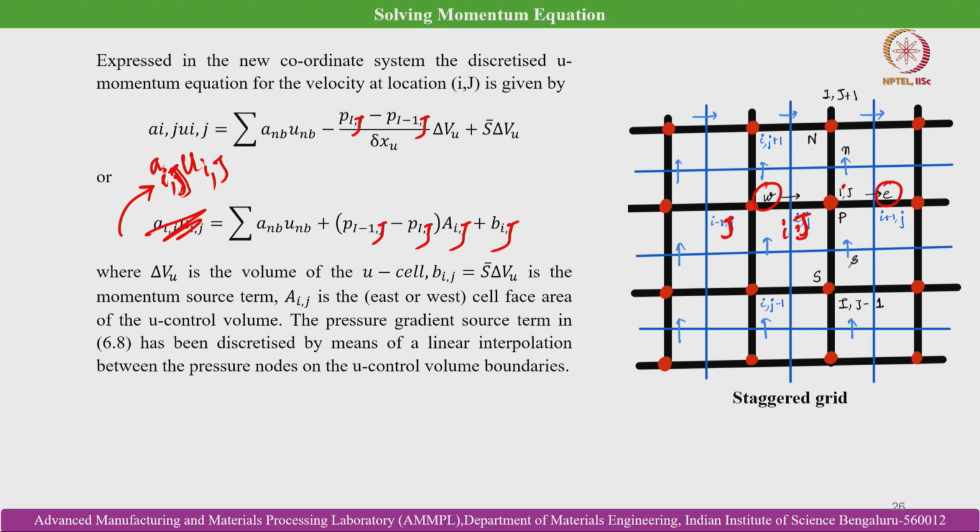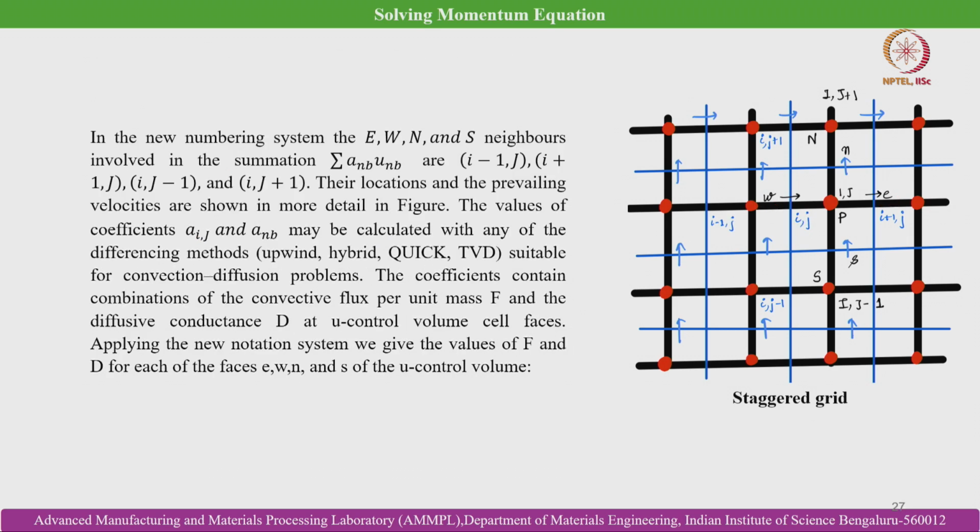So the pressure gradient source term has been discretized by means of a linear interpolation between the pressure nodes on the u control volume boundaries. So this is the control volume which is written in terms of u, that we have to now show.